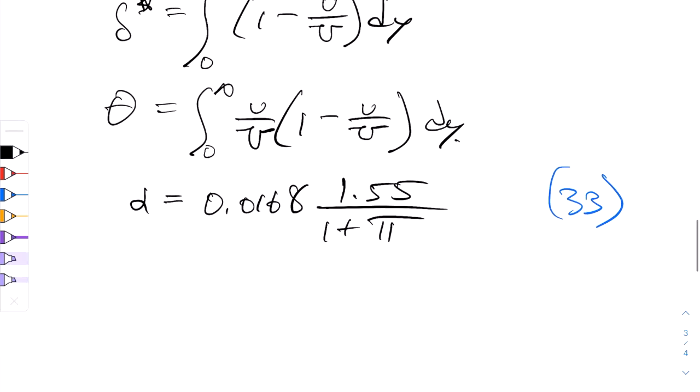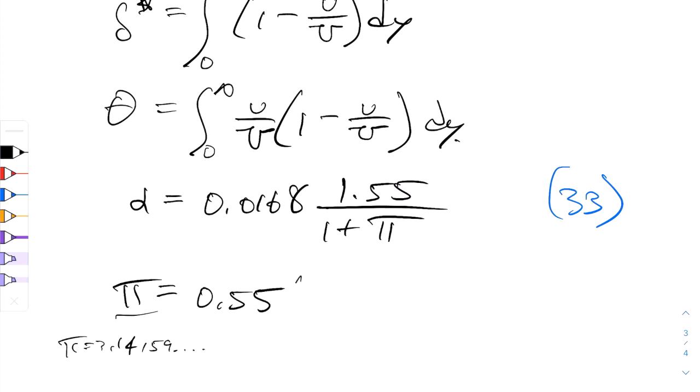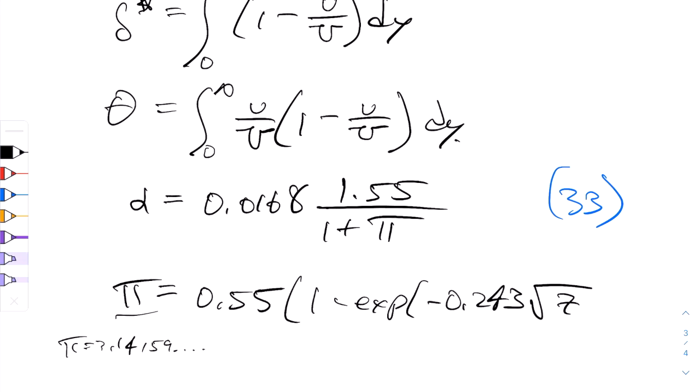But what is pi? Pi will be equal to 0.55, and this isn't little pi, of course, which is 3.14159, etc. Nope, this is capital pi. 0.55 times 1 minus exp of negative 0.243 times the square root of z1 minus 0.298 z1.